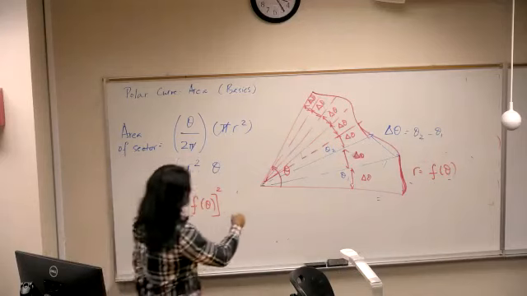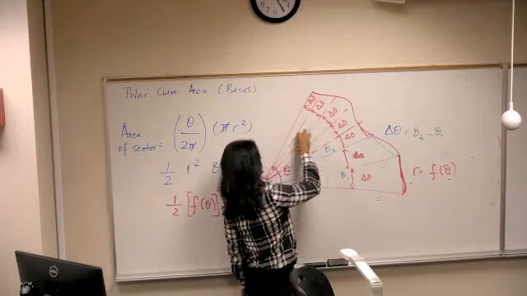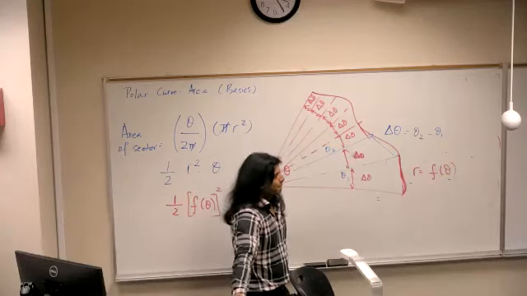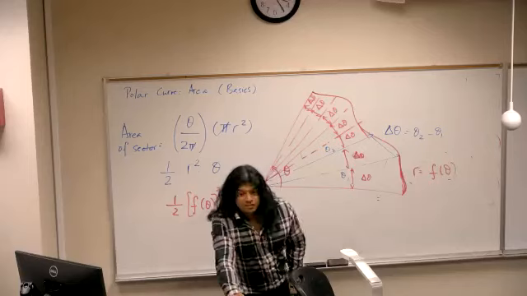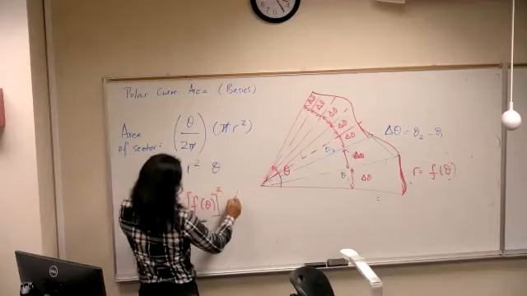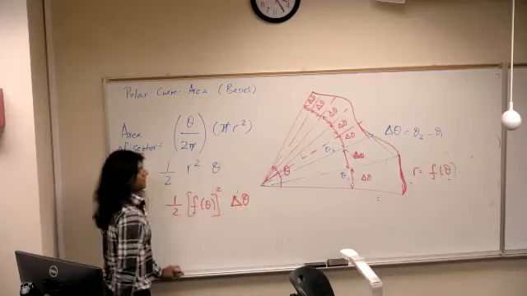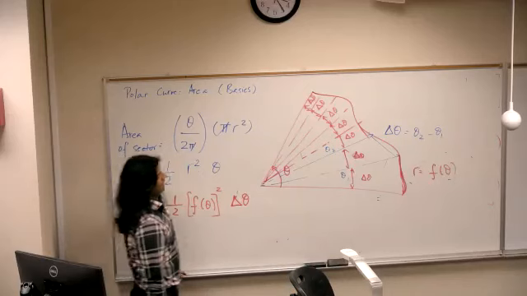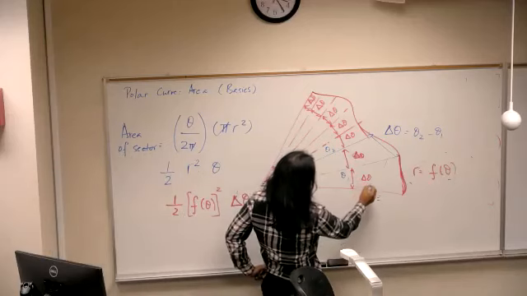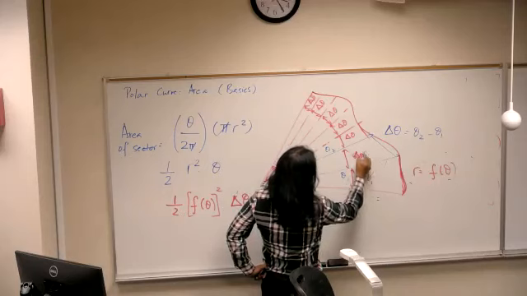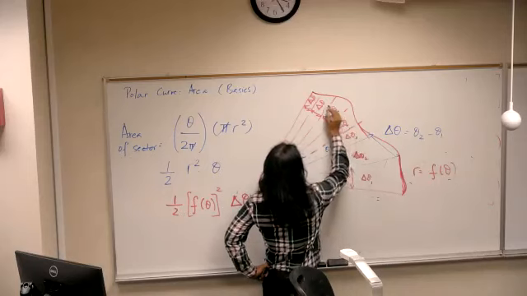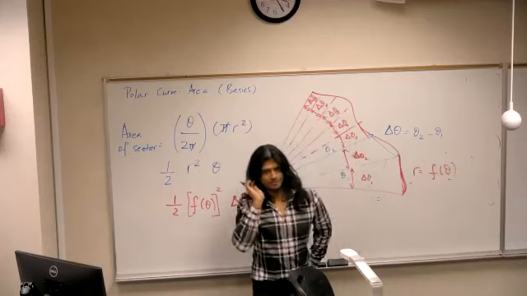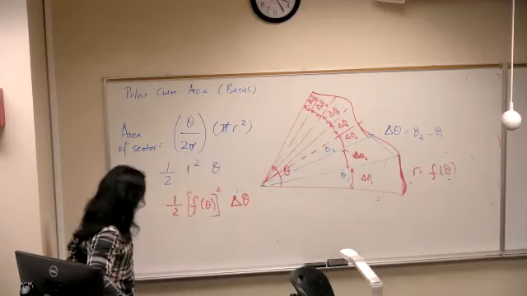What is the angle covered by each of those sectors? Change in theta? Okay, delta theta. Good. How many pieces do I have? 1, 2, 3, 4, 5, 6, 7 pieces.